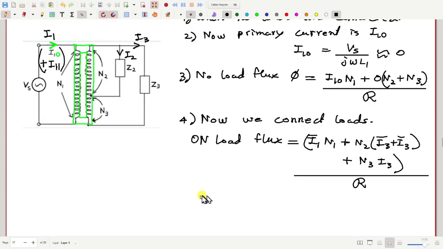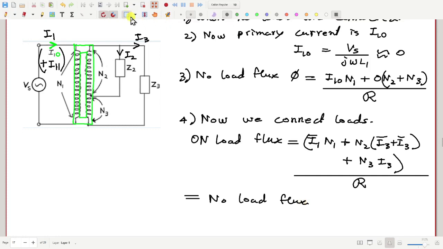And this flux must be same as the no load flux. Why should the no load flux and on load flux be same? Because the derivative of the flux is the supply voltage, and supply voltage is same under no load as well as on load. So therefore the flux should also remain same. So no load flux and on load flux, they are same.